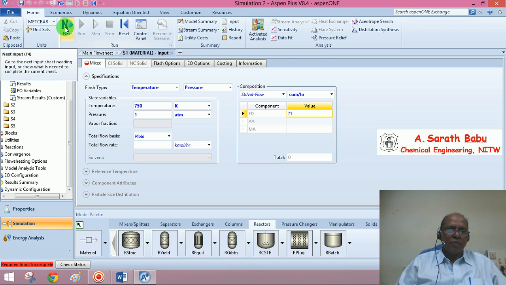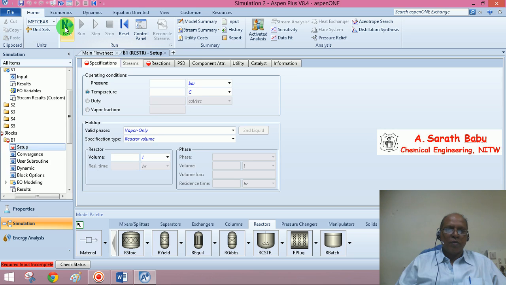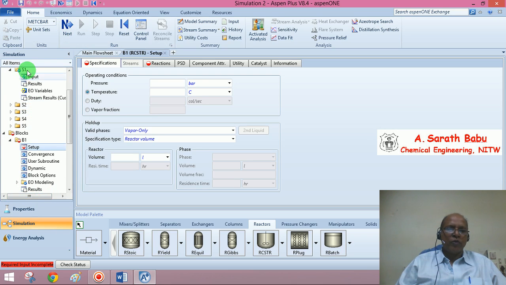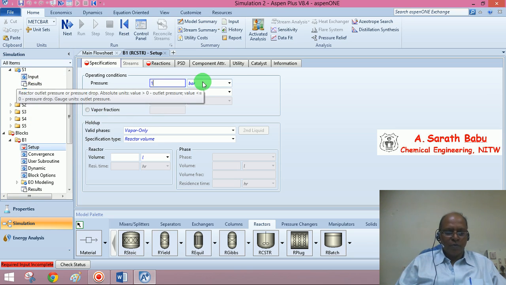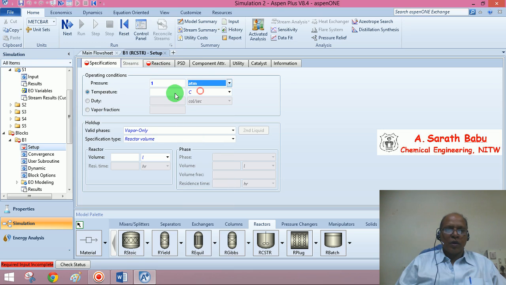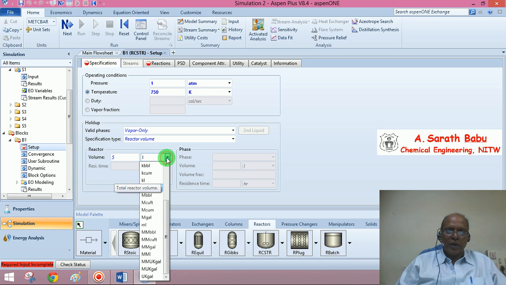Say next. Now this is with respect to the block. We have specified the input stream. Now the block is operating at 1 atmosphere, 750 Kelvin. Let me assume the volumes as 5 cubic meters.